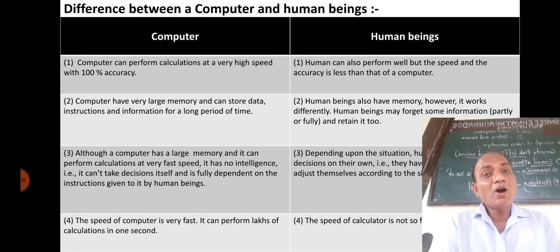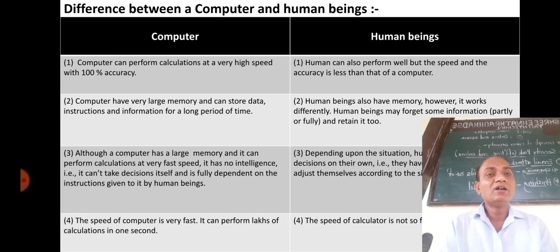Now a computer has a very large memory and can store data, instructions and information for a long period of time. Human beings also have a memory, but it works differently.